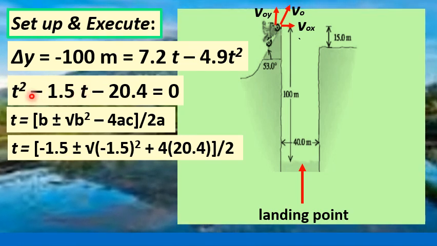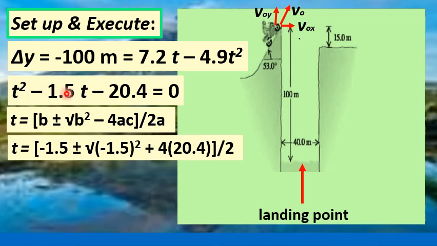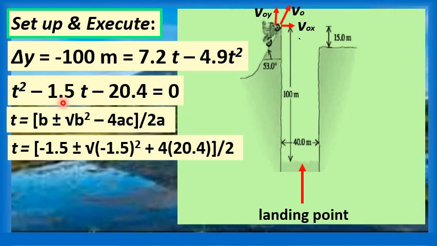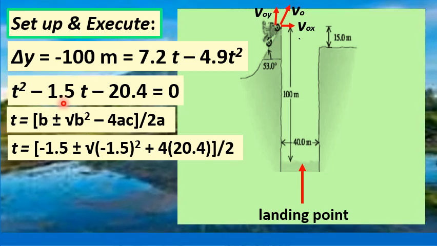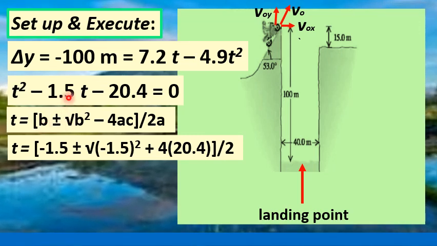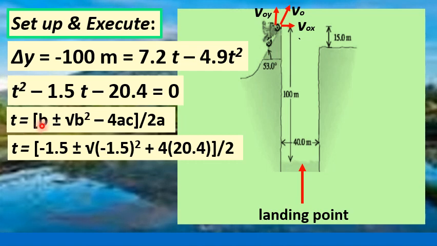In this quadratic equation, negative 1.5 is what we call the B coefficient, so the B coefficient is written here as negative 1.5.